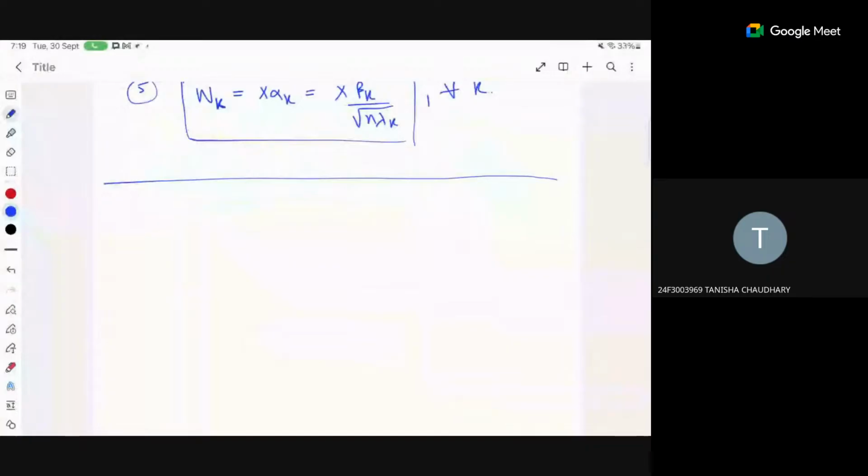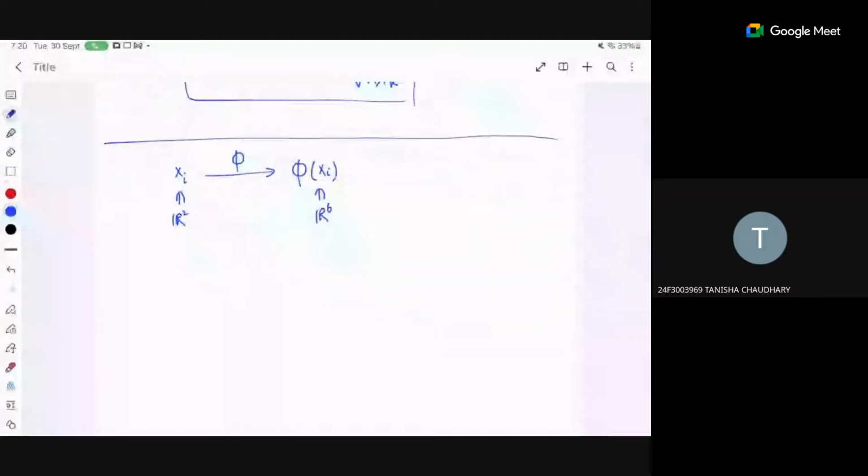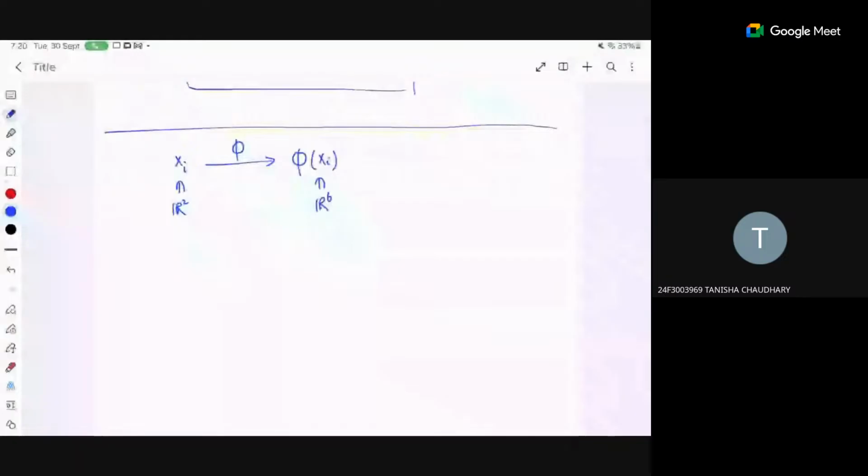So let's say we have this data set xi, which was originally in R2, and using this mapping phi, we brought this to R6, right? This is what we saw. So what happens in situations like this?